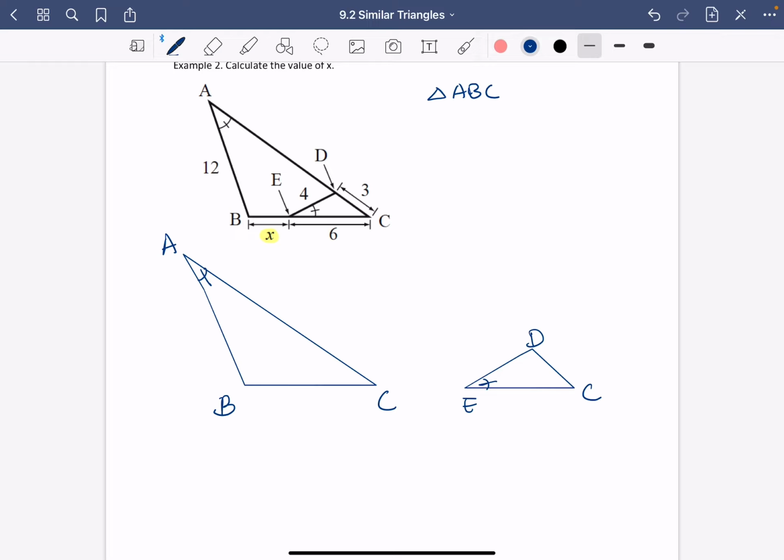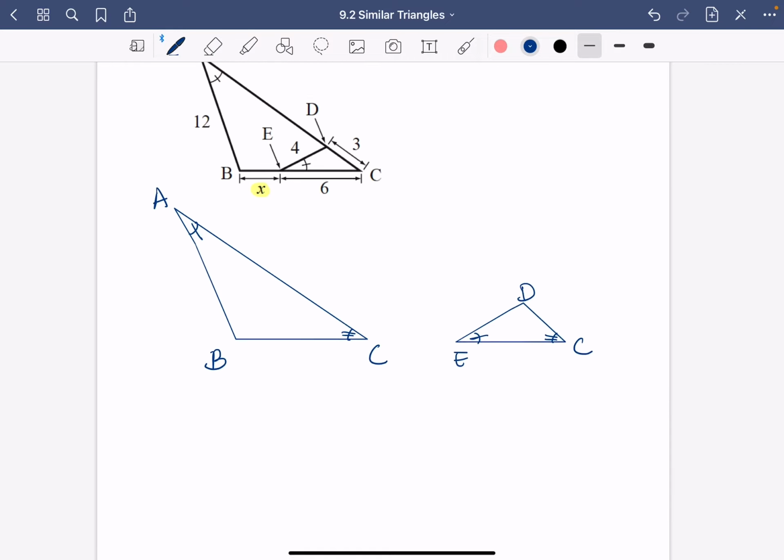Okay? And what do we know about this angle here? These two angles are the same because these two triangles share the same angle, angle C.